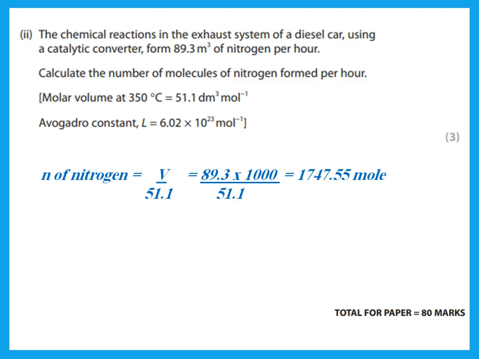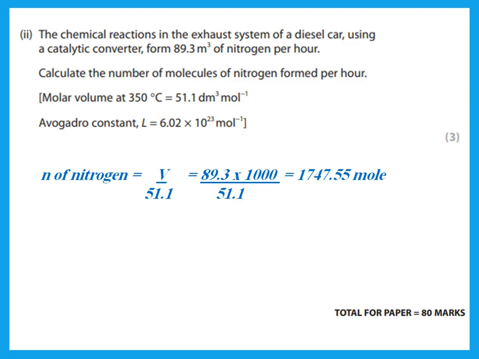Remember that the 24 is the one at room temperature and pressure. But he's telling me that at 350, the molar volume is 51.1, so that means it is volume over 51.1. Remember that he gives me the volume in meter cubed.